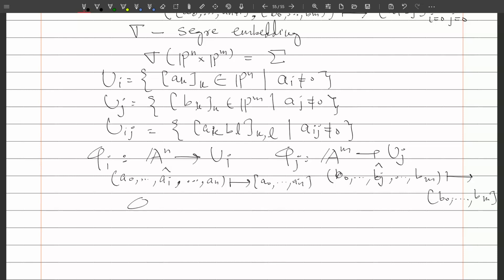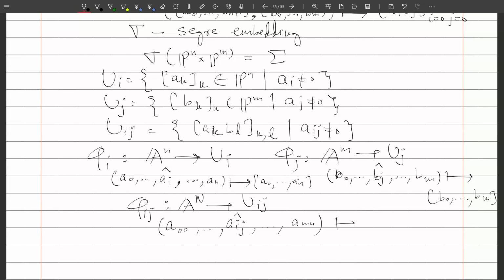And similarly we have the map phi ij from affine N space to Uij, which takes the point, let us suppose we have the point a00, so on, aij omitted, up to amn. Of course, the omitted entry is where the 0 0 coordinate is removed.